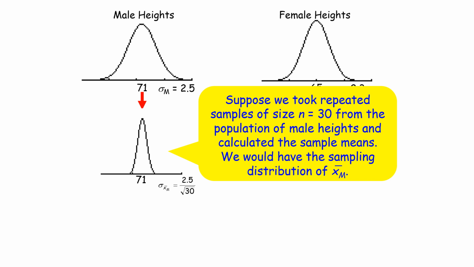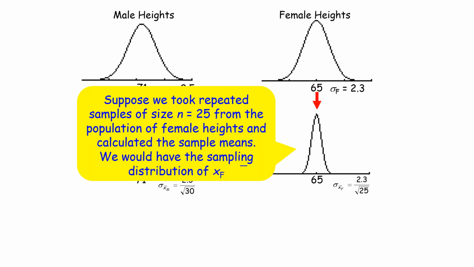Now, supposing that we were to take repeated samples of size 25 from the population of female heights and calculate the sample means, we would have the sampling distribution of x bar sub f, with still a mean of 65 and a standard deviation of our sampling distribution for females as 2.3 divided by the square root of 25.